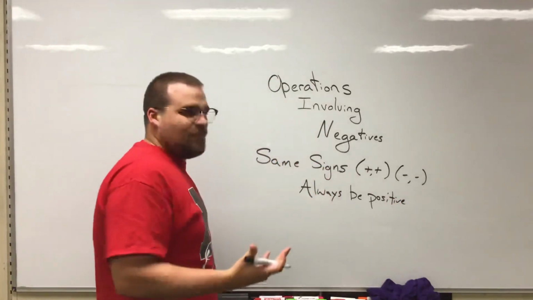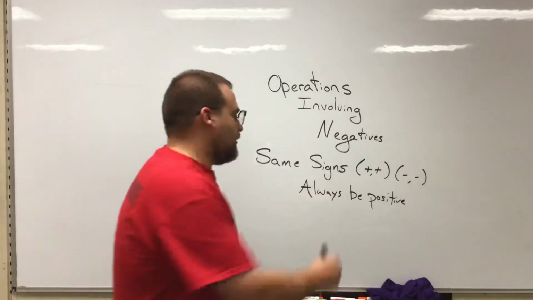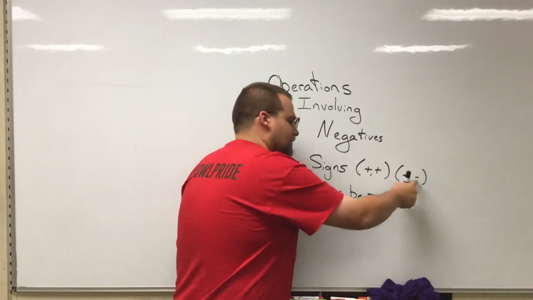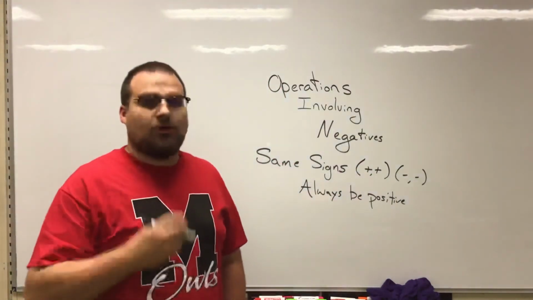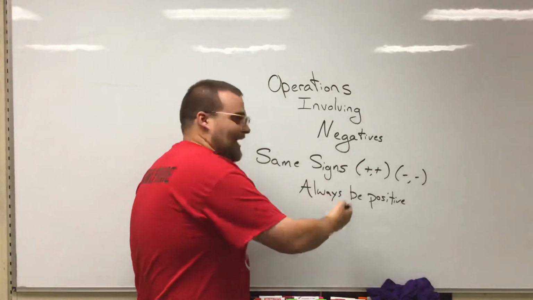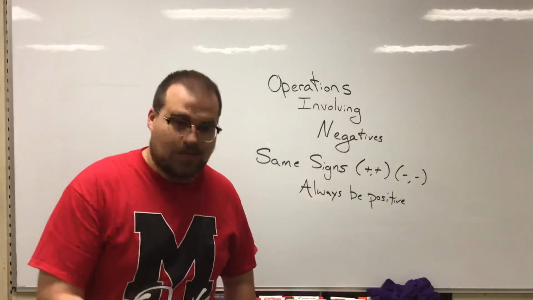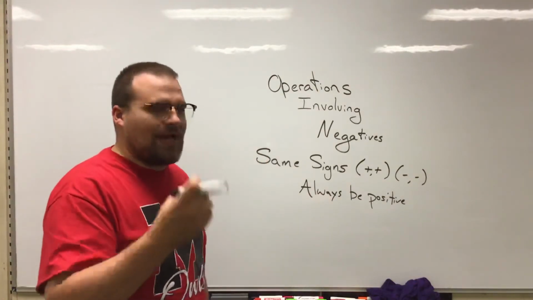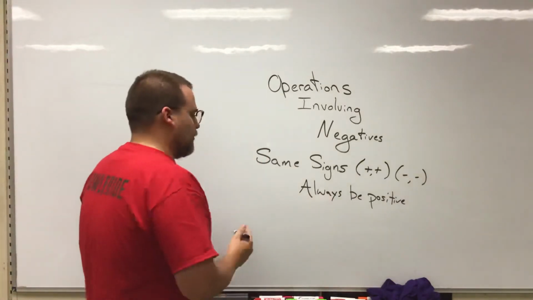In that same vein, if you are adding a positive number or subtracting a negative number, you are always going to add, or you're always going to use a plus sign. So that same idea transfers, you just have to know how that works, what signs we're looking for.